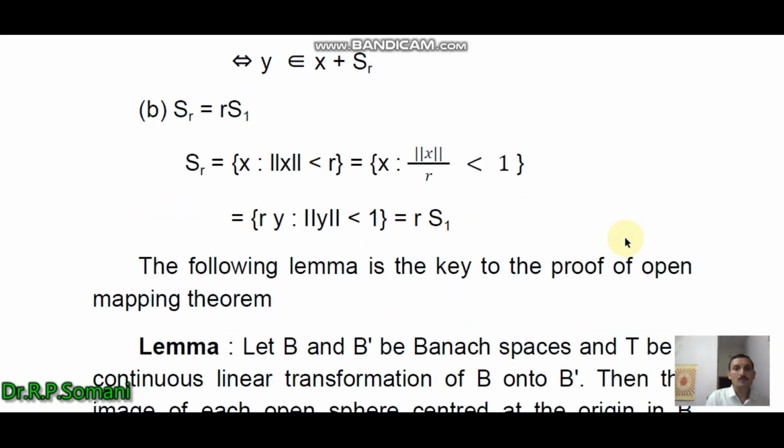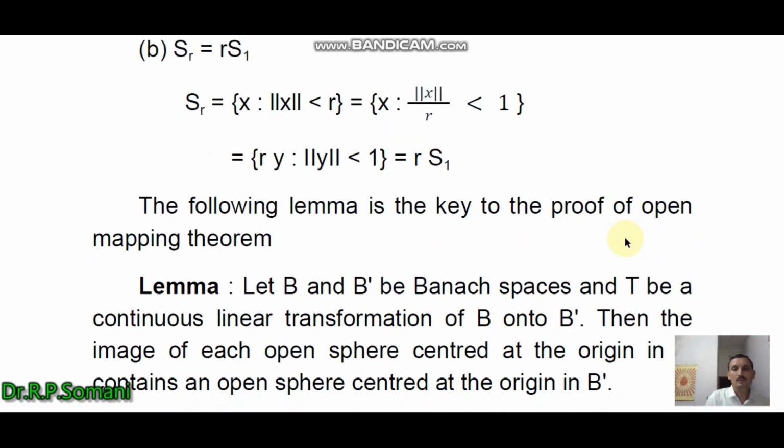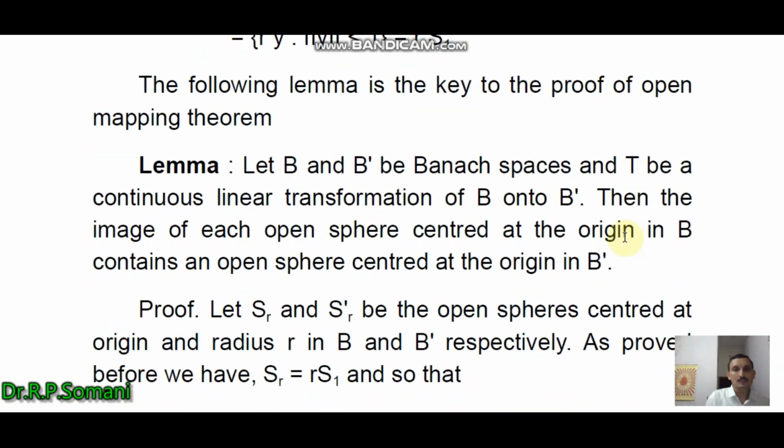For the important theorem, the open mapping theorem, we require a lemma. The statement of the lemma is this: let B and B' be Banach spaces and T be a continuous linear transformation of B onto B'.